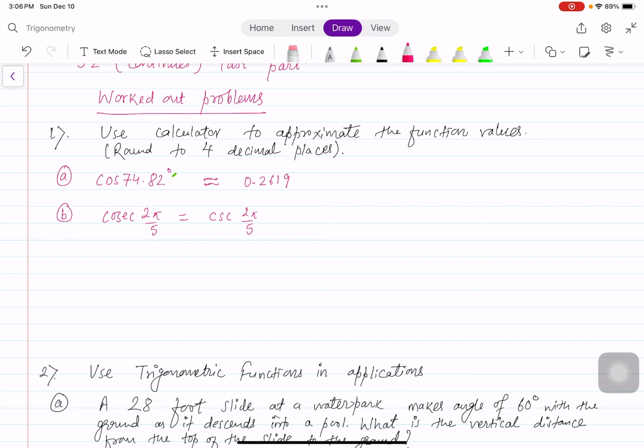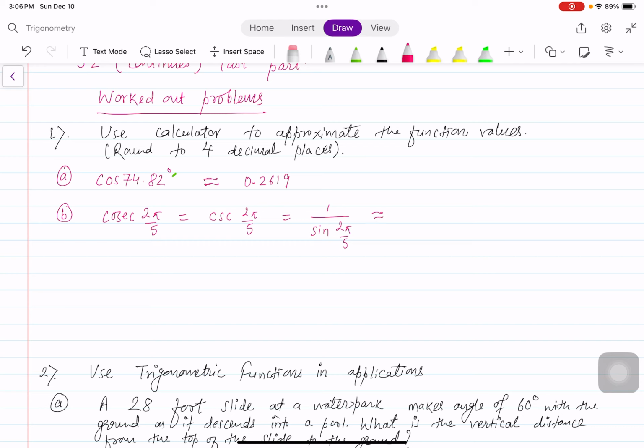So how to find this one? If you do not know how to find this value, since we know the relation between cosecant and the sine, we can use this to find the values. So it can be written as 1 over sine 2 pi over 5.